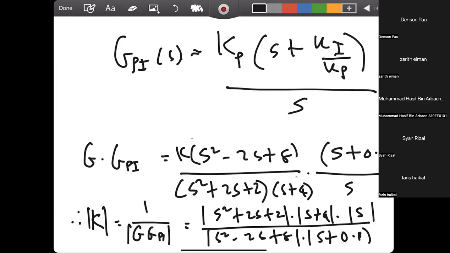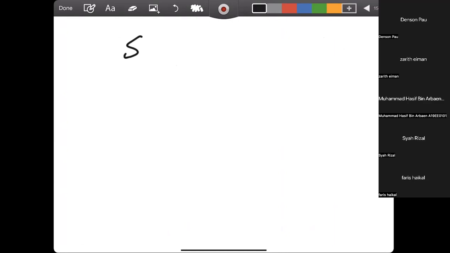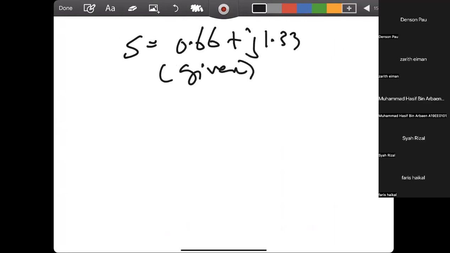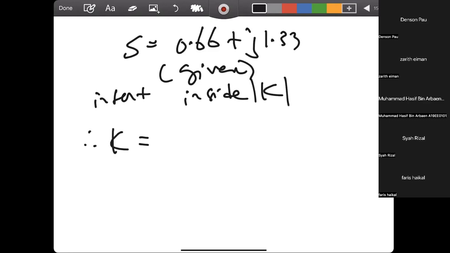Take the magnitude, then replace with the value given, which is 0.66 plus j1.33. Inside, that's why you will get K is 0.445, which is equal to Kp.